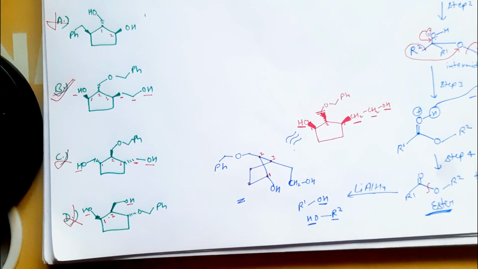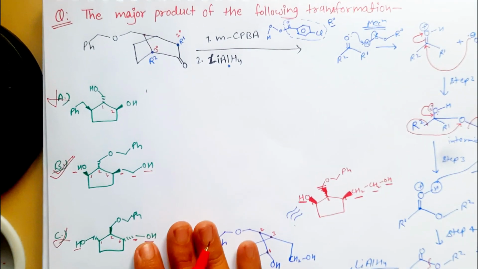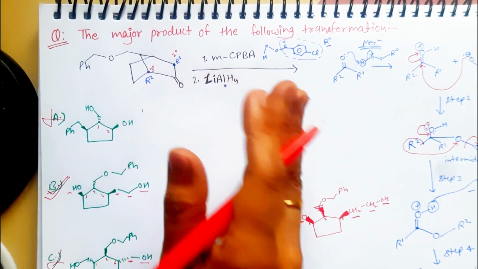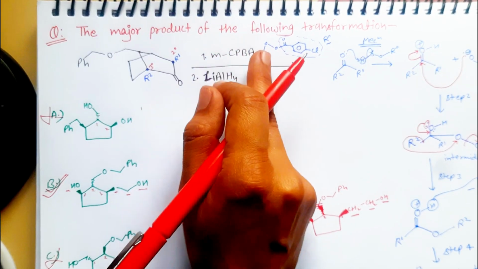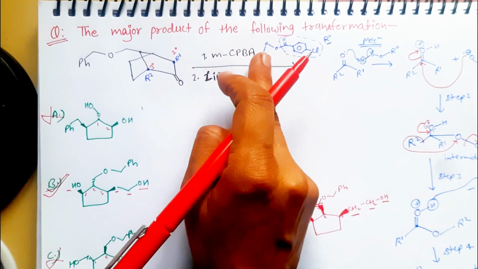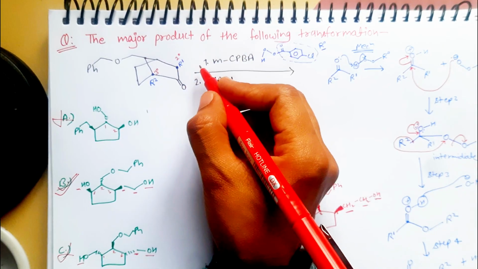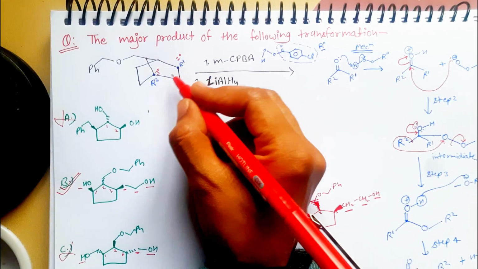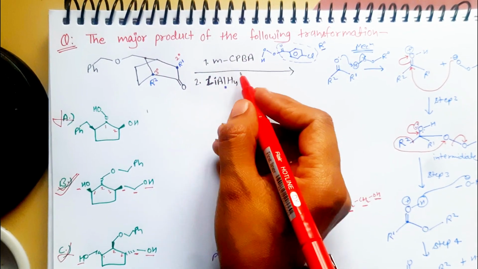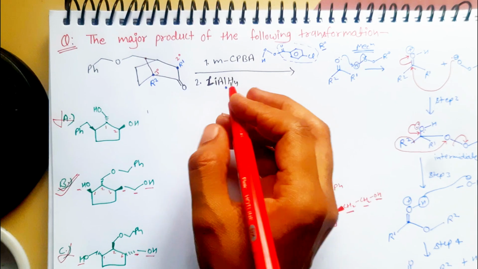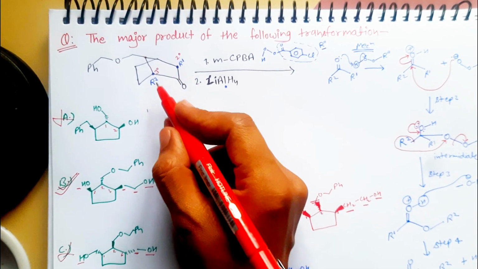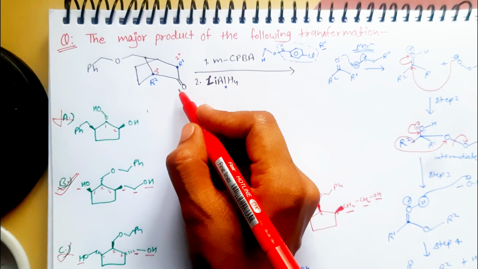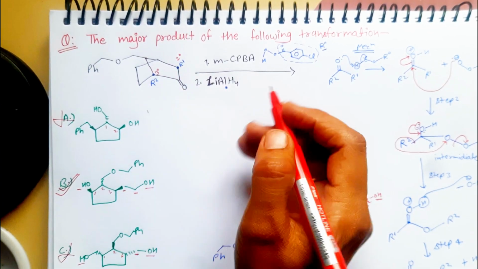In an examination, when we want to solve this kind of question very fast, we can solve it easily, because metachloroperbenzoic acid reacts with a carbonyl group, and Baeyer-Villiger oxidation happens, which is oxidative cleavage of the carbon-carbon bond adjacent to a carbonyl group, and here the carbonyl group converts into ester.